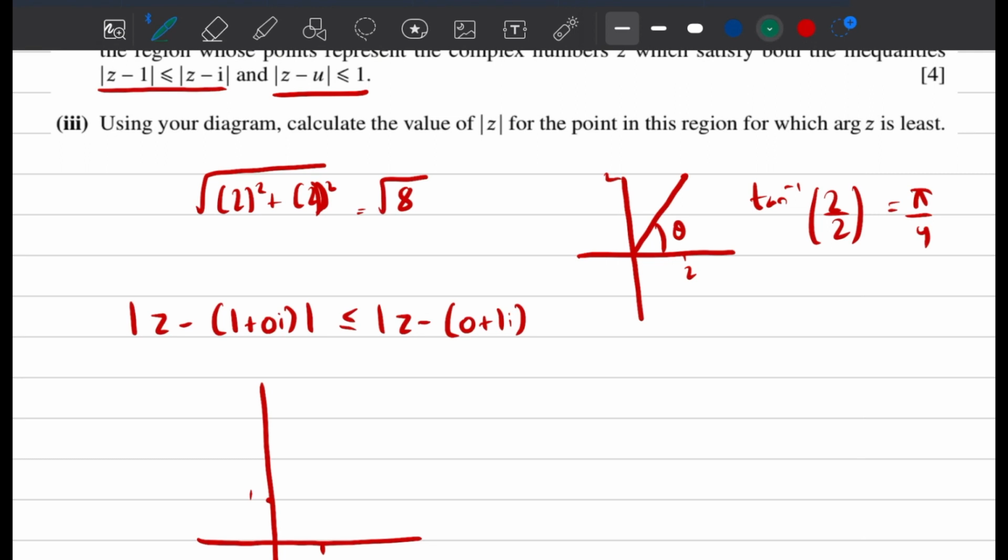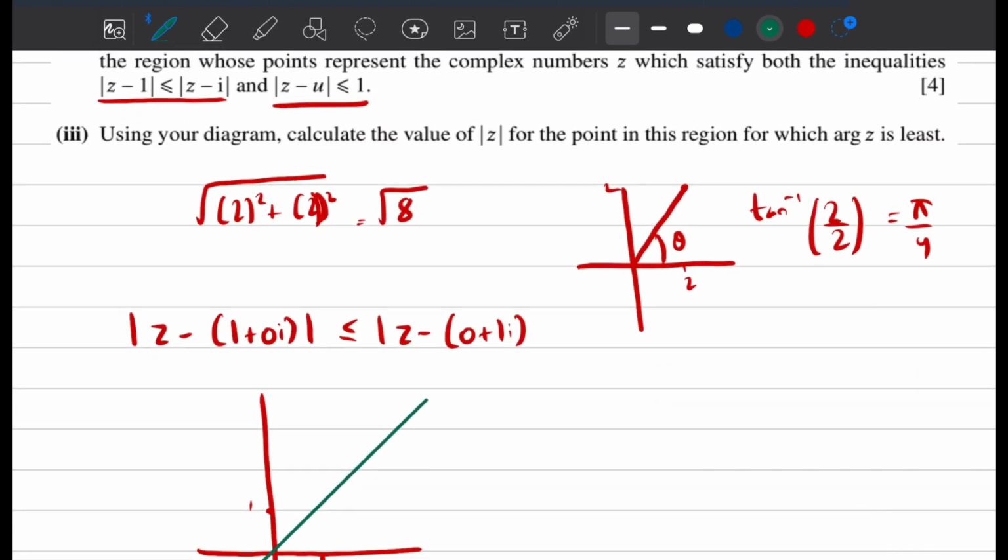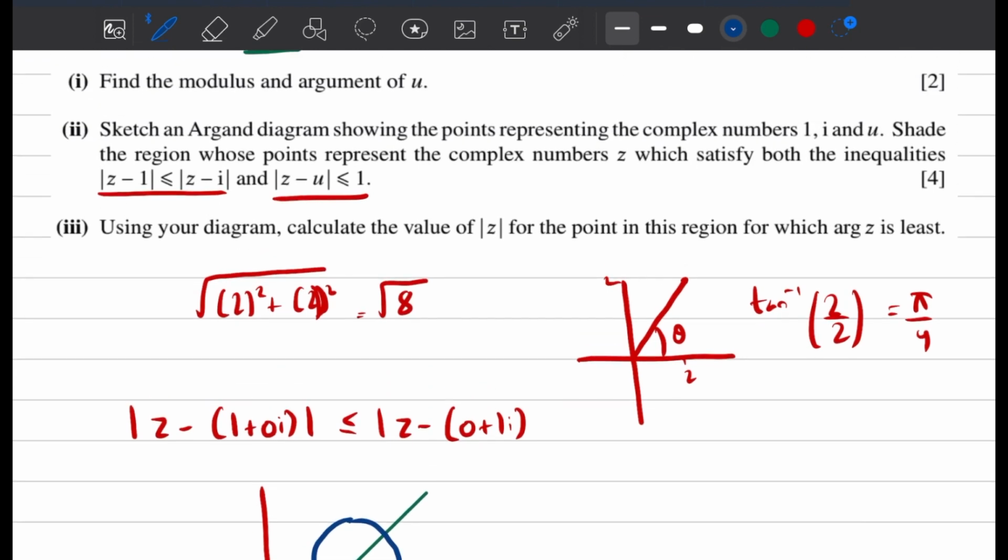That means you are making a line y is equal to x, yes or no? Then z minus u, what was u? 2 plus 2. So 2 plus 2 lies here, right बच्चे? And the radius is 1. तो एक ऊपर एक नीचे एक इधर, आपने ये सर्कल भी बना दिया. अब आपको शेड करना है बच्चे.